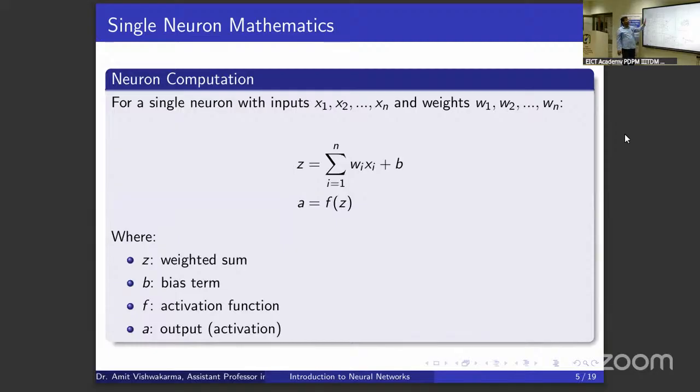Now, if we face this situation, we can use neural networks. A neural network is used for linear separation as well as non-linear separation.